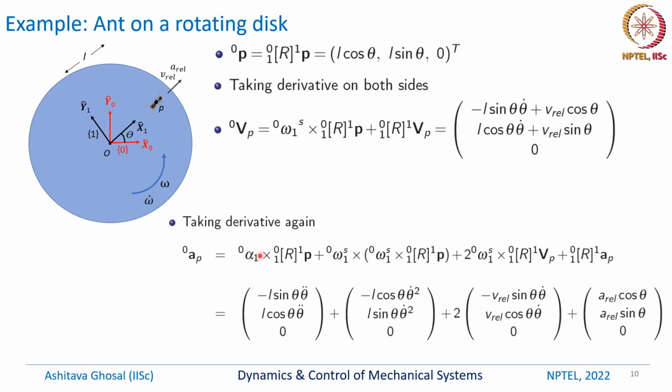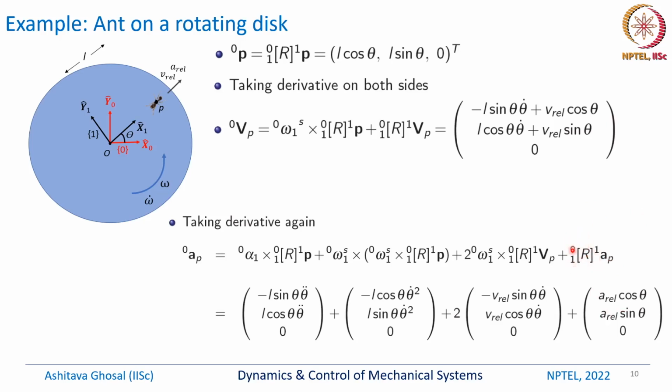We can evaluate these terms because alpha is 0, 0, theta double dot, and omega is 0, 0, theta dot. We know 1p, we know the rotation matrix, we know omega, and we know vp. 1vp is nothing but v rel, 0, 0, and 1ap is nothing but a rel, 0, 0.